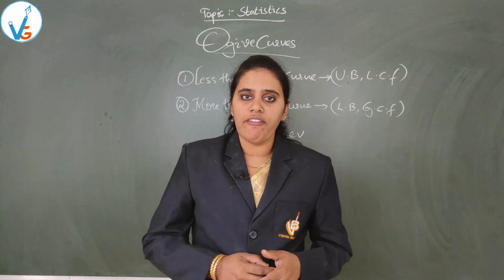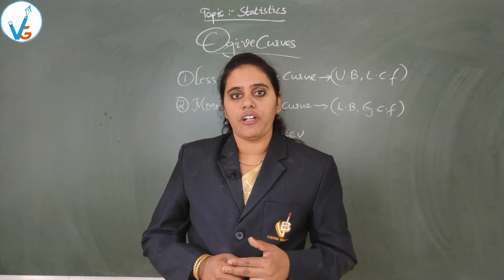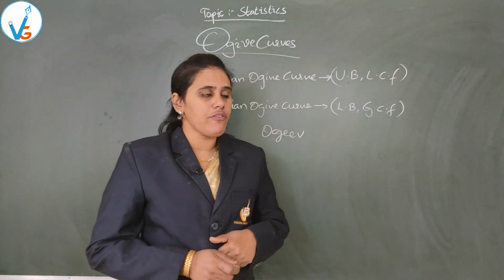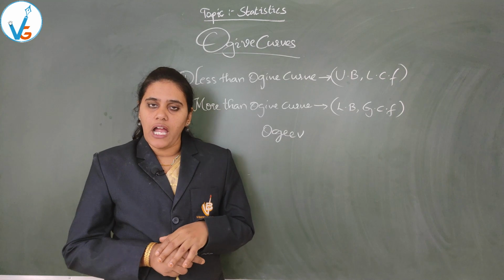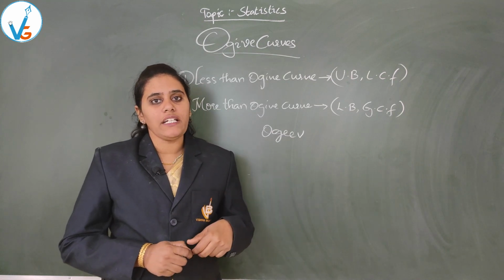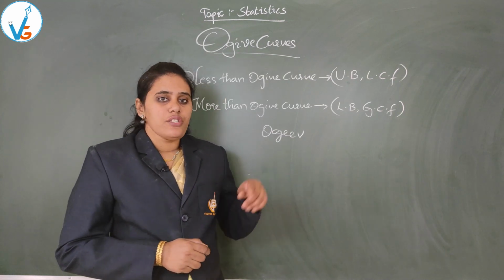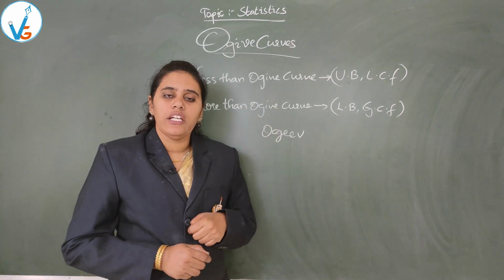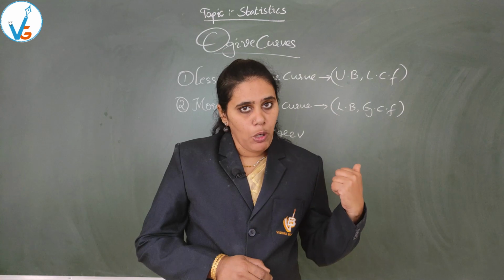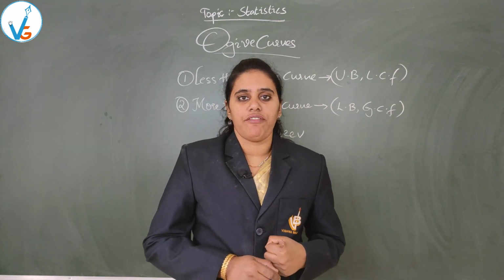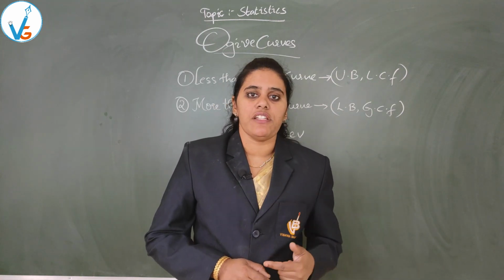Here we have two types of ogive curves. What are those two types? The first one is the less than type ogive curve and the second one is the more than type ogive curve. For the first one, we will use upper boundary and LCF, less than cumulative frequency.